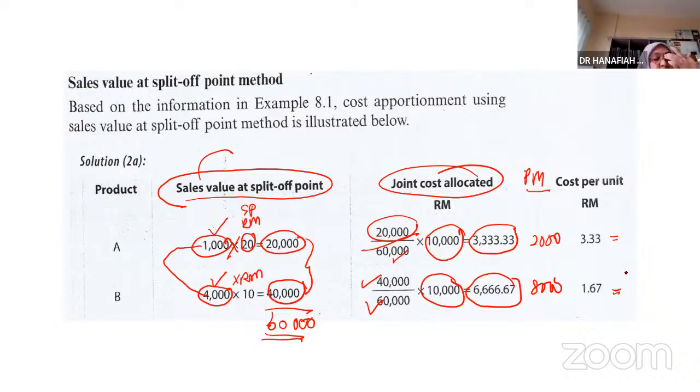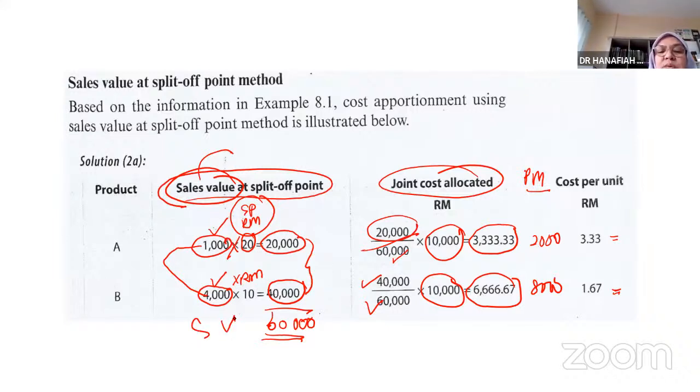I repeat. If you base on sales value, the difference is only where you need to times the selling price. That's why it means the sales value. You times 20 and you times 10. You will get the sales value.